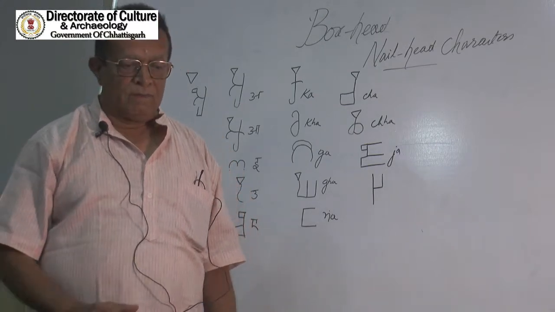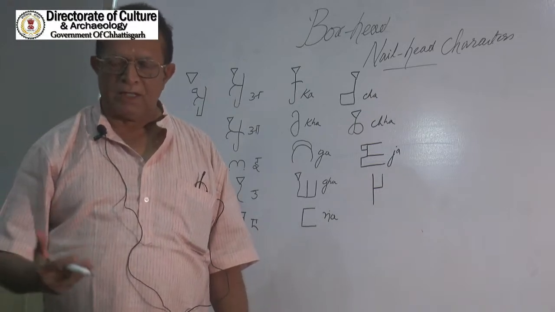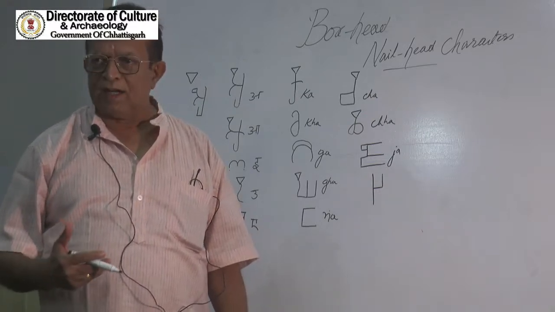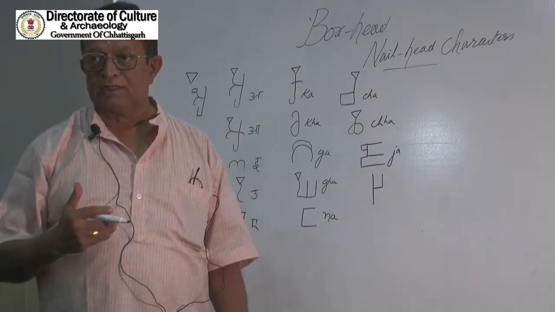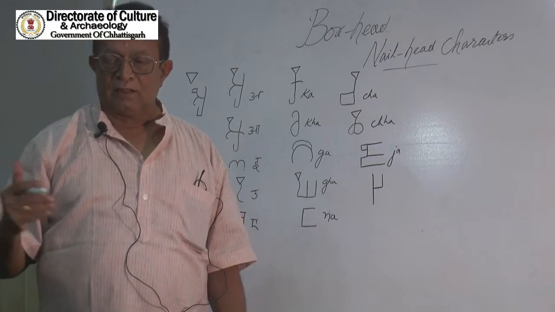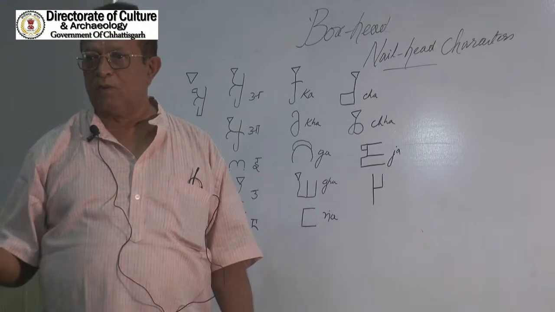Now, yesterday, as I told, when I was going through a number of copper plates, I felt, why can't I go into a little more depth and detail to understand? It's very difficult either to practice Damatrika or box-sided, nail-headed, and so many varieties.